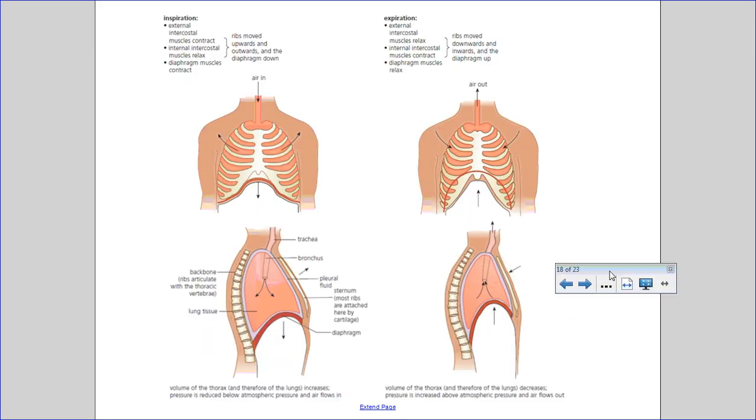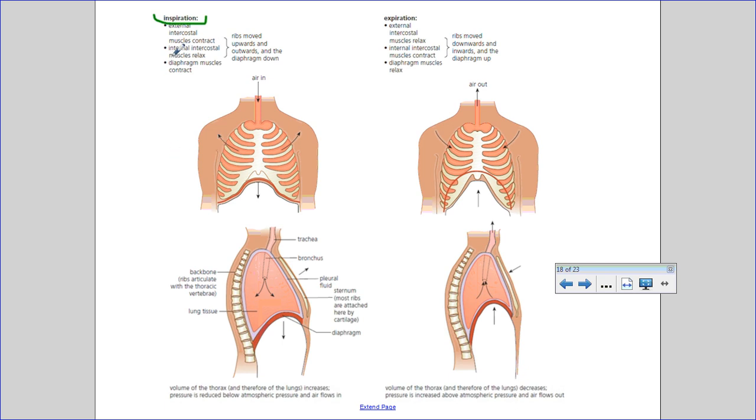So in that process of inspiration and expiration, so moving air into the lungs and moving air out of the lungs, this is done through a few structures using the muscles lining the rib cage as well as the diaphragm. So during that process of inspiration, the external intercostal muscles will contract.